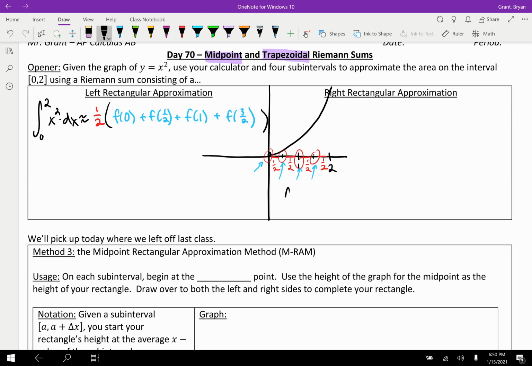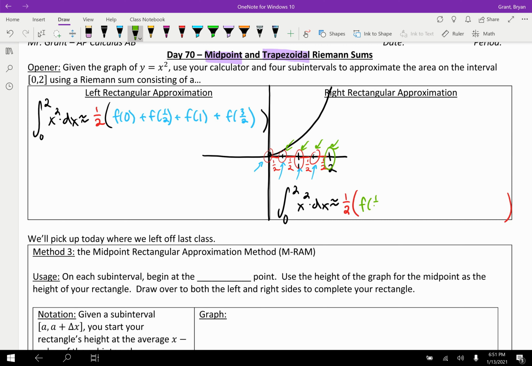So right rectangular approximation, I'm going to work down here and use some space. Again, using that approximately sign is required on these types of problems, because we're going to get 2 different answers here with a left and a right. So let's get to our right rectangular. 1/2 is again the same base, but now as we go through, and I'll use green for this one, we are using the right-hand endpoint of each interval.